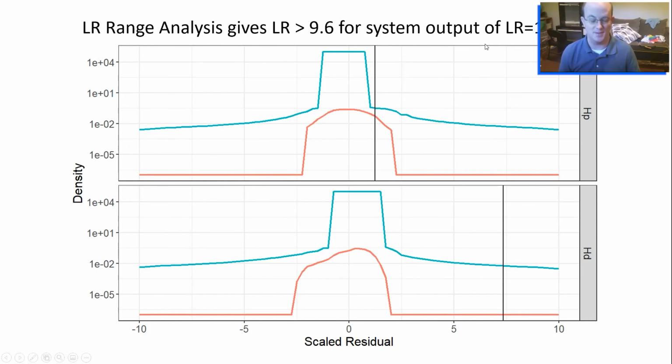One way of thinking about that is when you start to get in the tails of both distributions, the HP true distribution and the HD true distribution, the ratio of tails is not something that is well characterized or well bounded. And so our uncertainty really starts to explode as we drift out there.